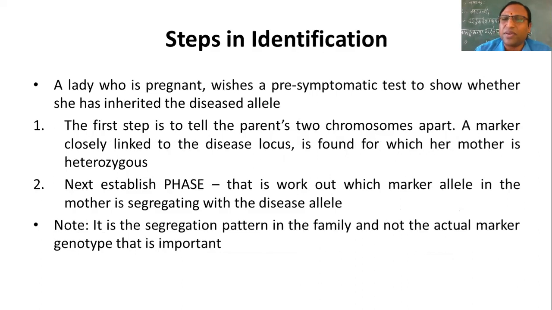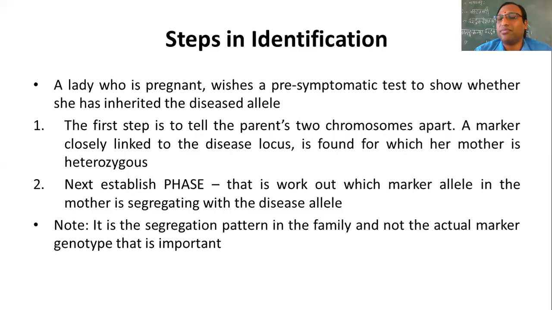So, steps in identification. Consider an example of a lady who is pregnant and wishes a pre-symptomatic test to show whether she has inherited the diseased allele in her developing baby. The first step is to tell the parents' two chromosomes apart.